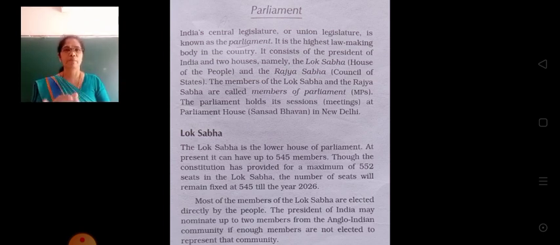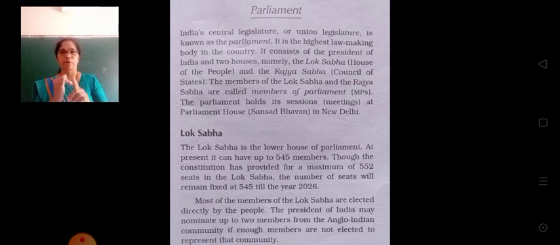The members of the Lok Sabha and the Rajya Sabha are called members of parliament, or MPs.